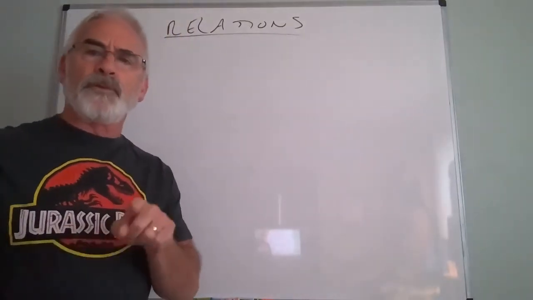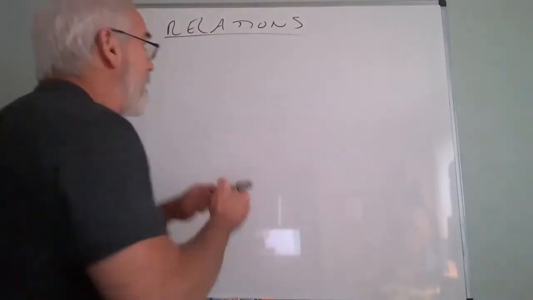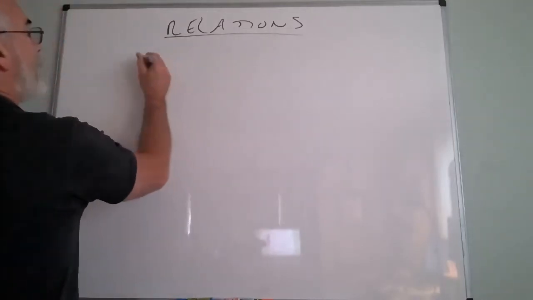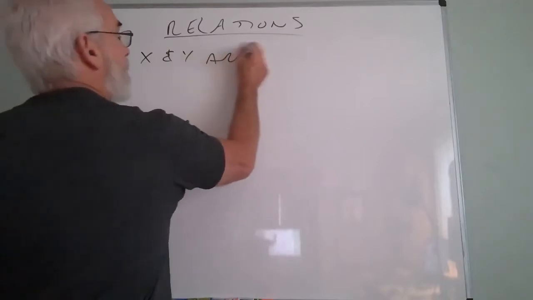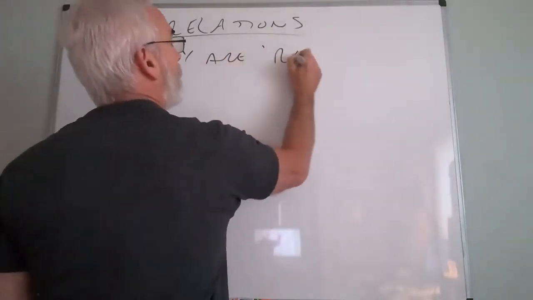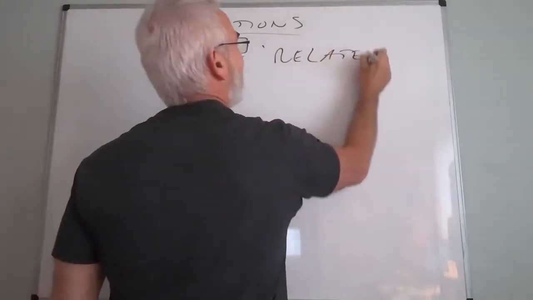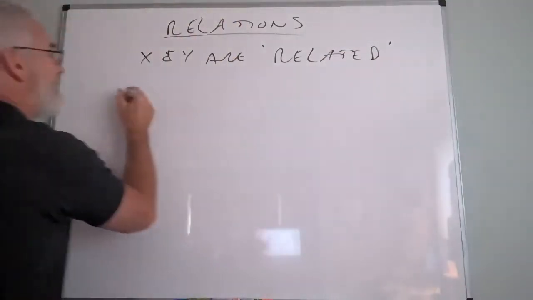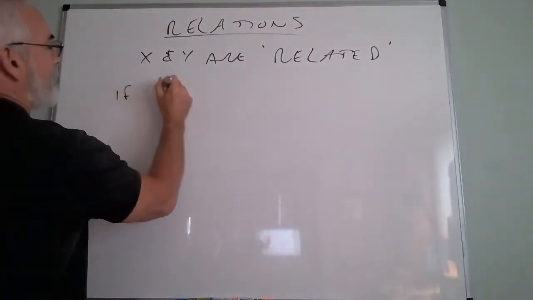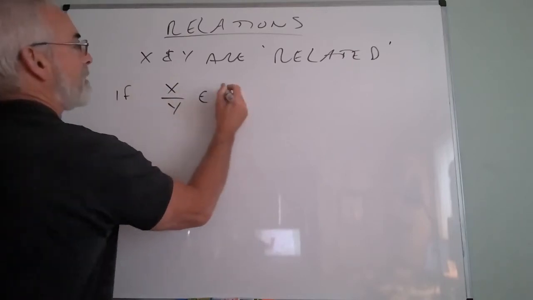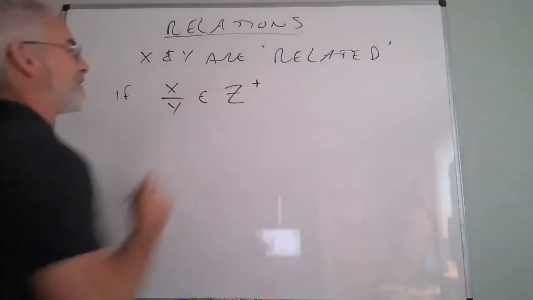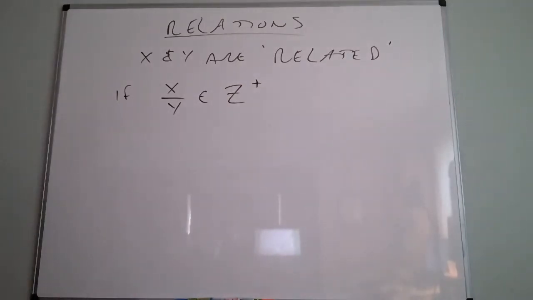So the main thing is when we define our relation, let's say I'm going to define a relation this way. We will say X and Y are, and I'm going to be really, really loose, related. How about X over Y is an element of the positive integers. Okay, I'm going to define a relationship this way.